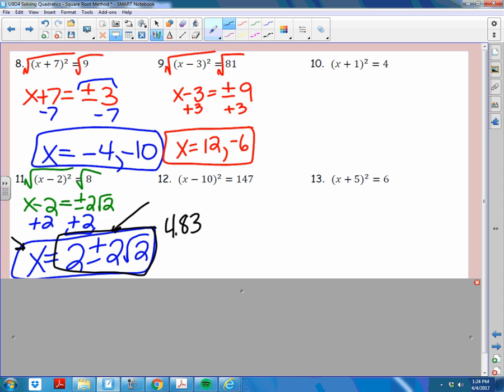If you then type in 2 minus 2 times the square root of 2 and hit enter, it'll tell you it's negative 0.83. They are two different numbers. This is an accurate way to write it. This is an estimation because it's irrational.